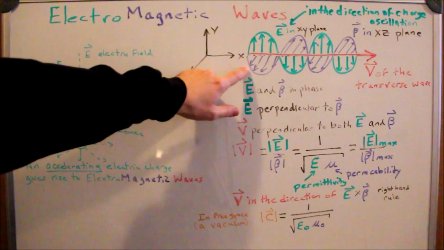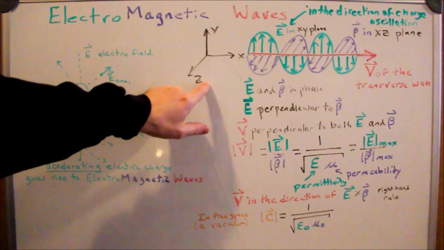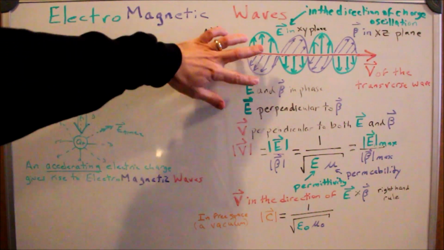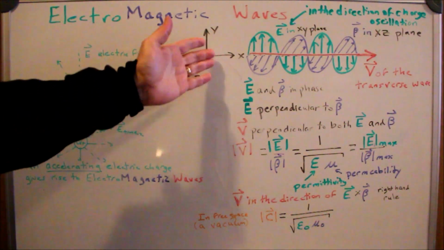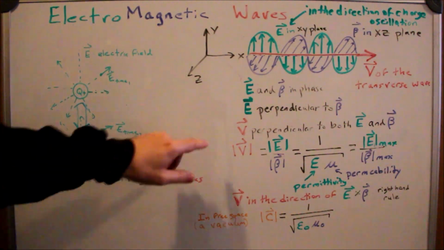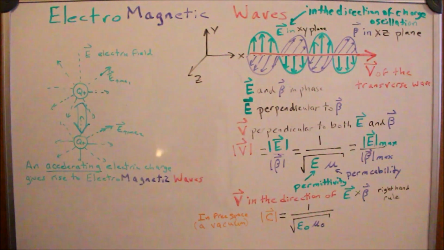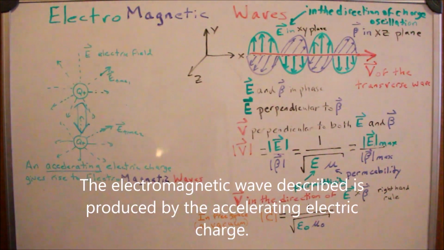The magnetic field as shown is in the XZ plane, so these two fields are perpendicular to each other, and then this wave is moving at a velocity which is perpendicular to both the electric field and the magnetic field, and therefore it's called a transverse wave.